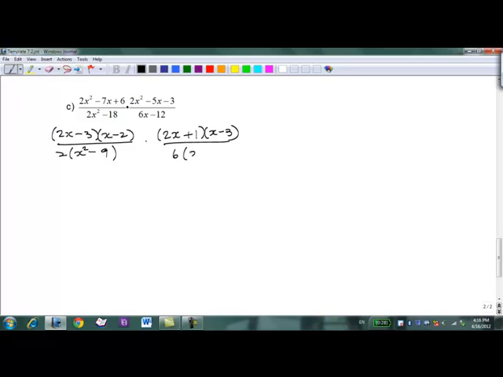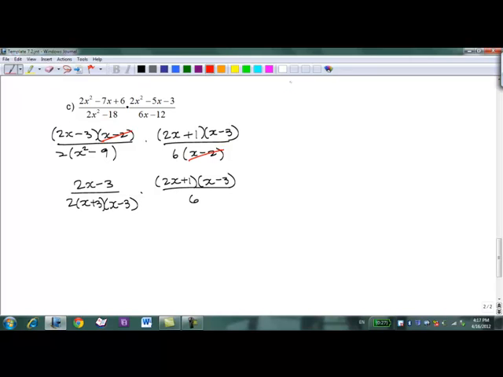And if we factor out a 6, I'm left with x minus 2. I see some cancellation already. Why don't I just get rid of the x minus 2s because I can, leaving me with 2x minus 3 over 2 times x plus 3, x minus 3 from the difference of squares, times 2x plus 1, x minus 3 over 6.